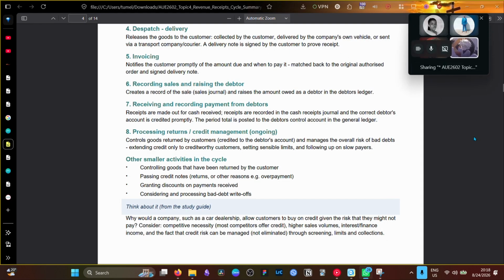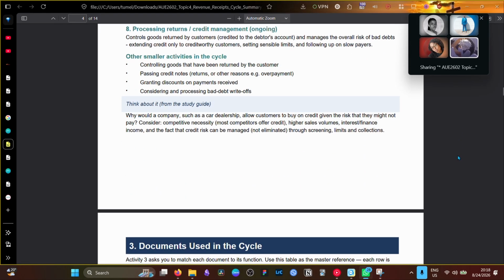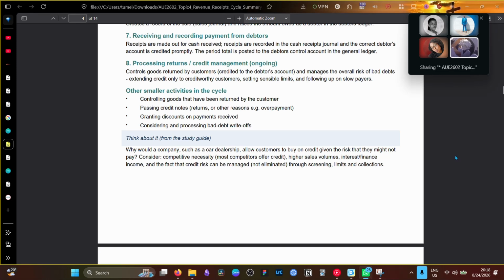All right, let us continue. To 8, processing returns and credit management. So here, control goods returned by the customer.